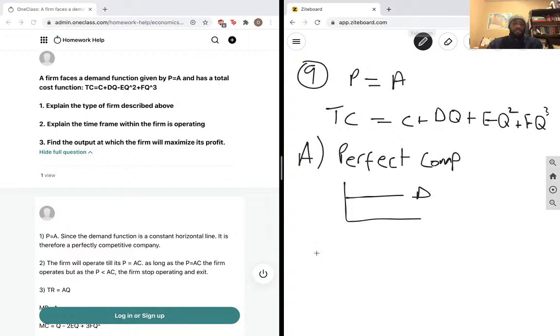So the firm operates when price equals average cost and stops operating as soon as price falls below average cost.